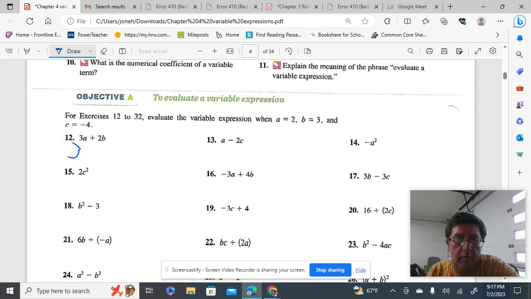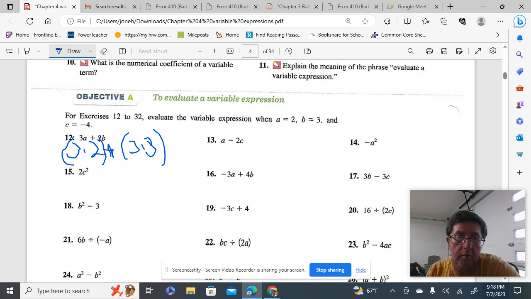It goes 3a, so it's 3 times 2 plus, and we're going to put these into parentheses because I want you to do 3 times 2 before you add 3 times b, maybe 3 times 3.